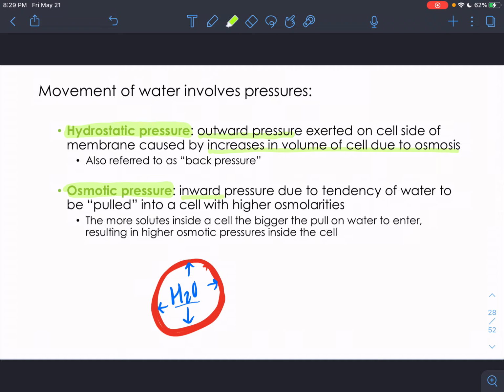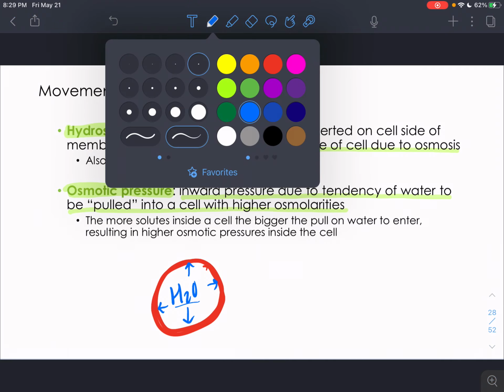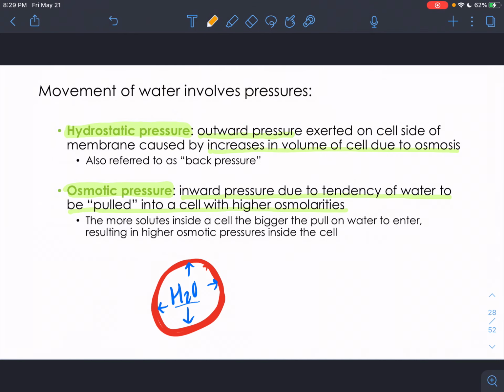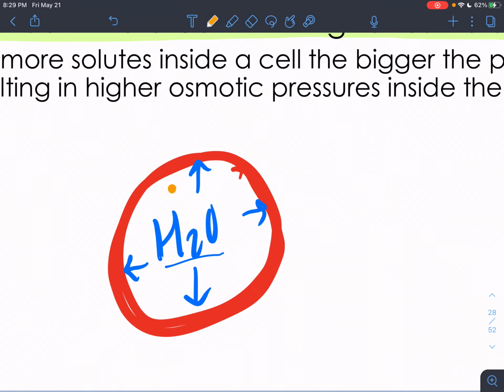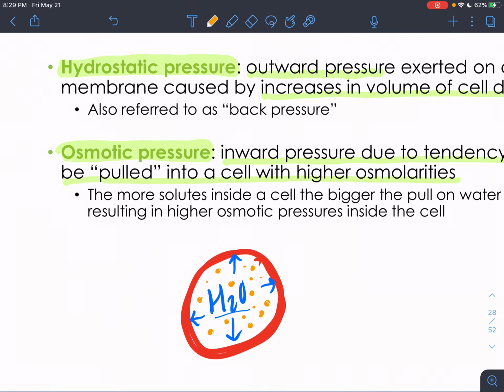Osmotic pressure is the inward pressure due to the tendency of water to want to be pulled into the cell with higher osmolarity. So at rest, there's water in the cell that kind of wants to get out. But also in the cell, there's a bunch of different ions, salt, sugar, whatever stuff that makes the cell have some sort of internal concentration.